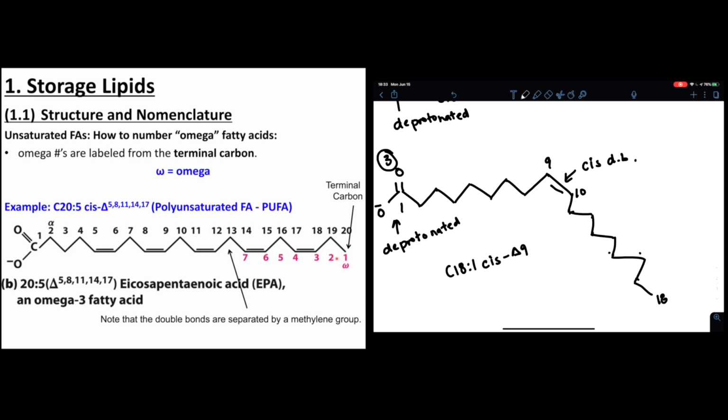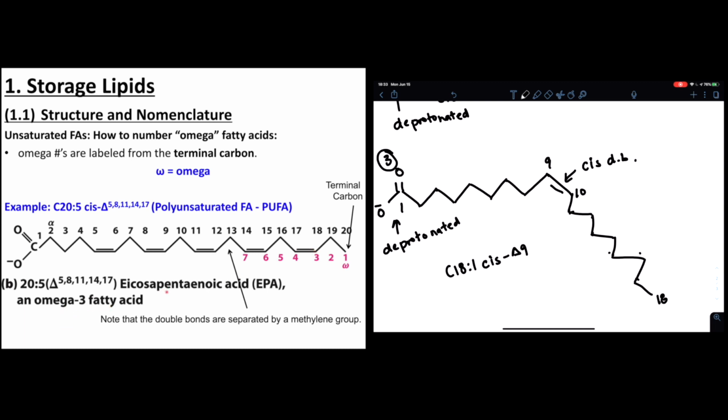So when we talk about omega fatty acids, we're going from the terminal end instead. If we go backwards, at the third position, going omega-1, omega-2, omega-3, this is where the first double bond is encountered. And so therefore, this fatty acid is called an omega-3 fatty acid.